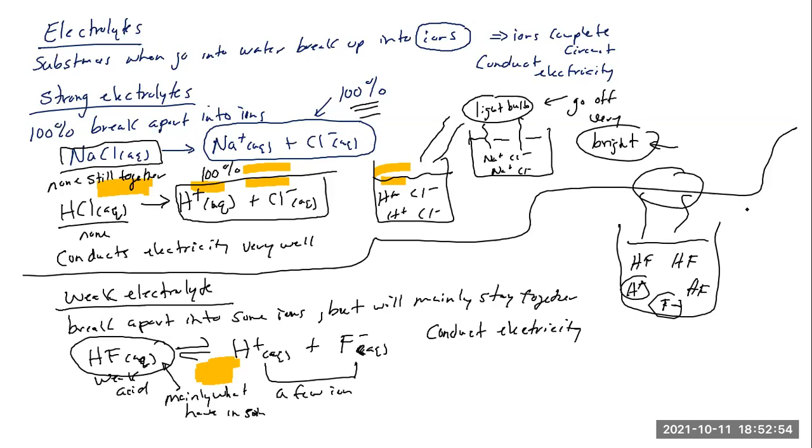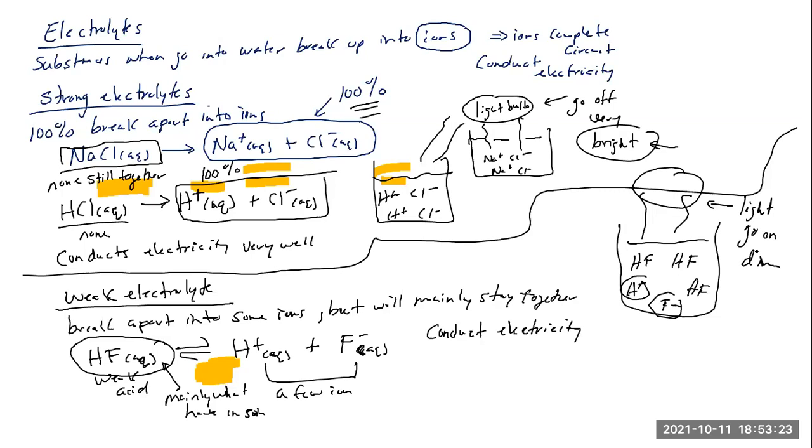The light bulb will go on, but it will be very dim. So it will light up, but it'll be like, I can barely see anything. It barely lit up, but it still was able to light up because there are still some ions in that solution, which helps it conduct electricity. But again, nowhere near the very bright light bulb that you would see in a strong electrolyte.